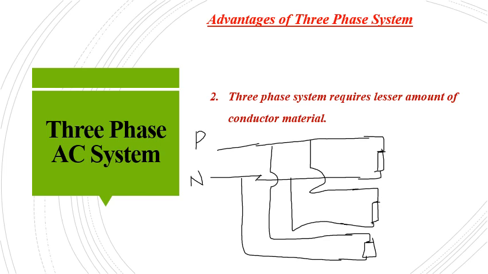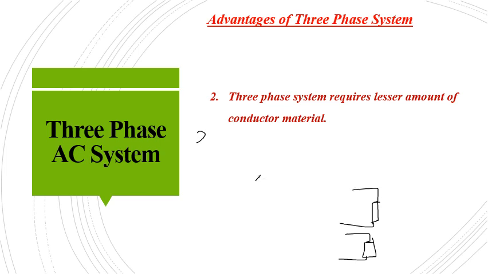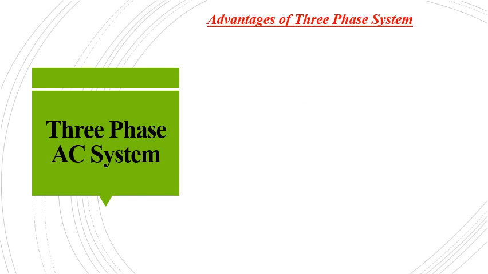Then what about a three-phase system? What if the connection is three-phase? First of all, we can draw a three-phase supply having R phase, Y phase, B phase, and a neutral line.